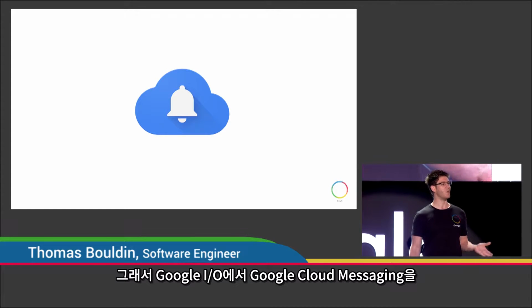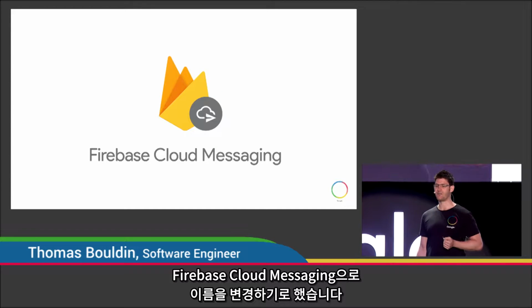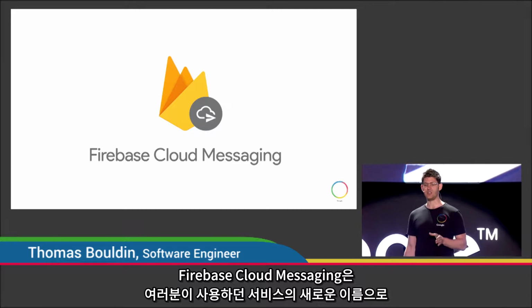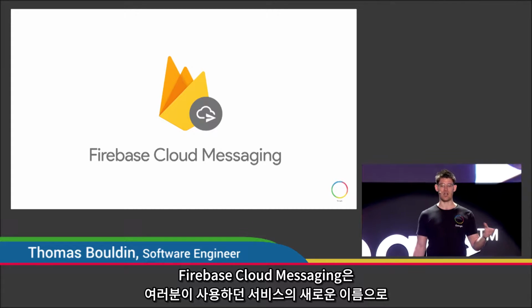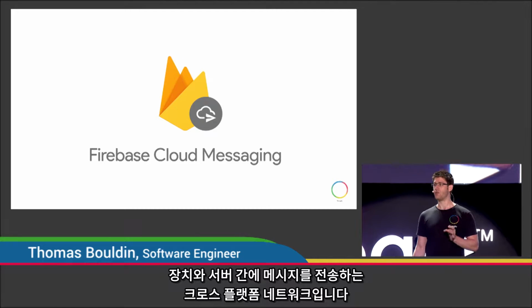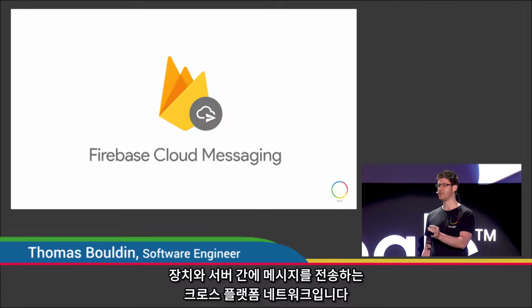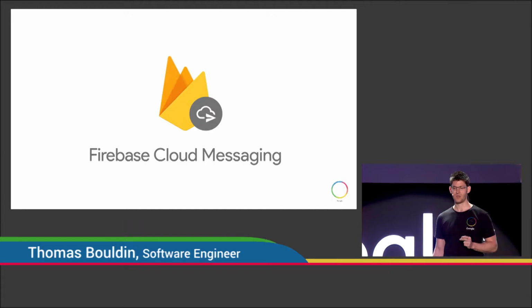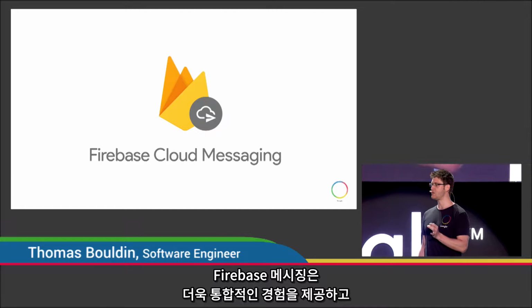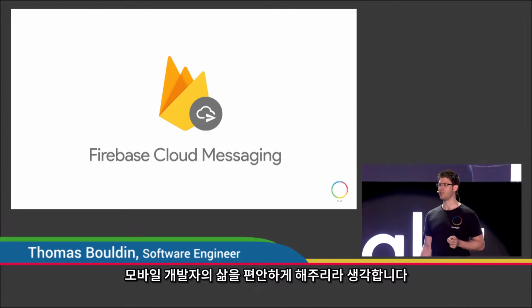So at Google I/O, we announced that Google Cloud Messaging would be rebranded as Firebase Cloud Messaging. Firebase Cloud Messaging is the new name for the service that you've come to rely upon. It is a cross-platform network for sending messages between a device and a server. We believe that Firebase Messaging can help provide a more integrated experience to make your life easier as a mobile developer.